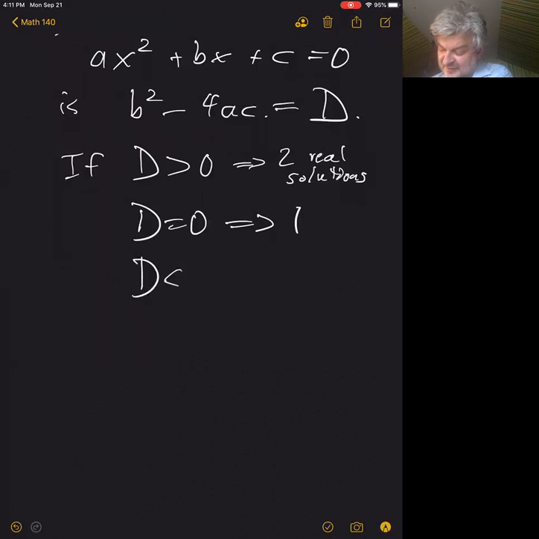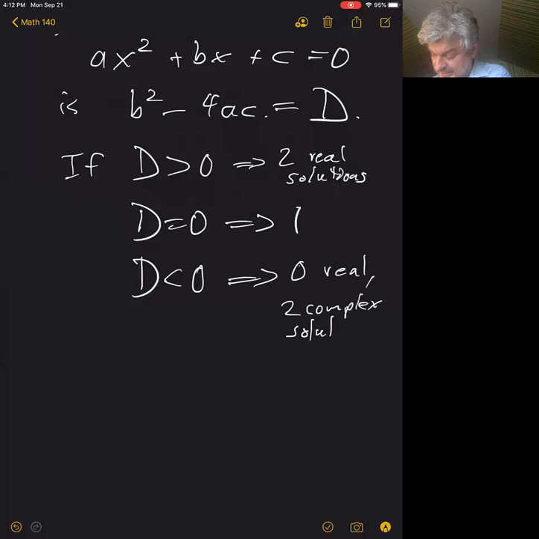And if D is less than 0, then we get no real solution. But we do have two complex solutions, like in my previous example from the last video clip.